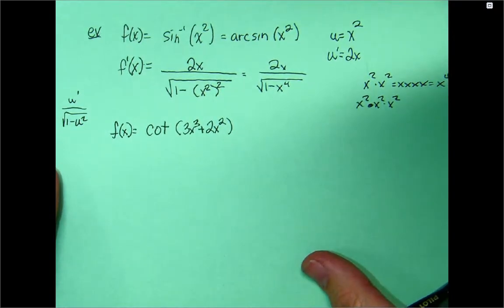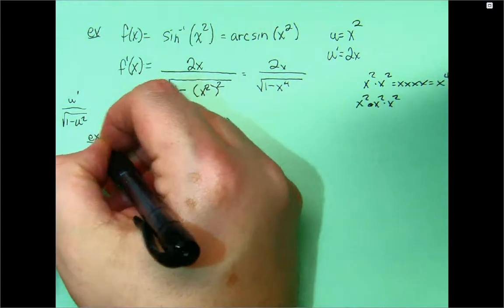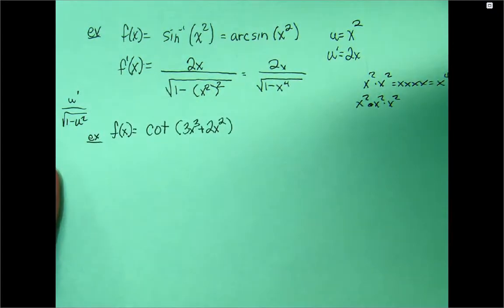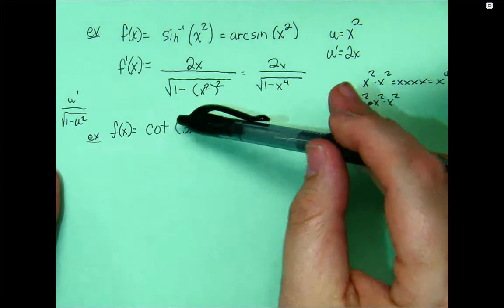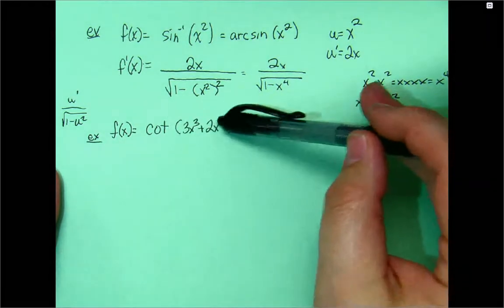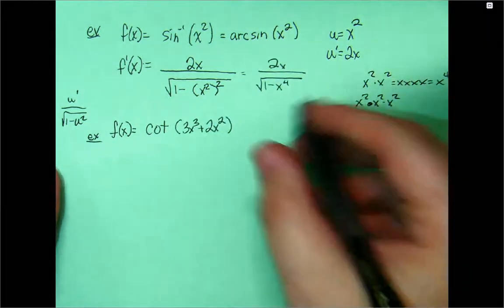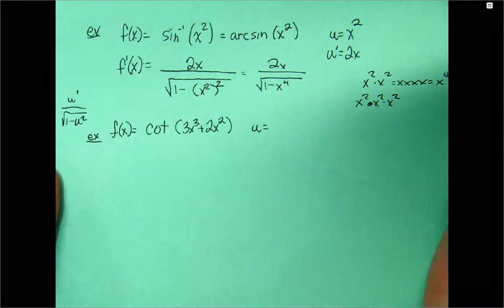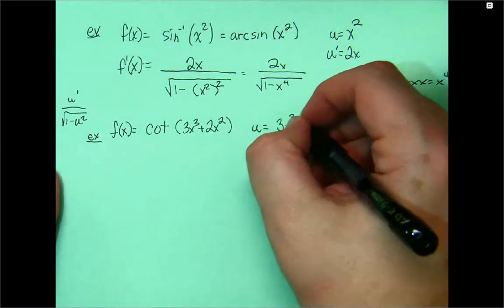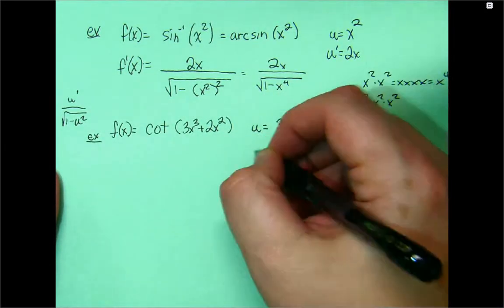Alright, another example. f of x is equal to the arc cotangent of 3x cubed plus 2x squared. What's my u? So what's my u prime?